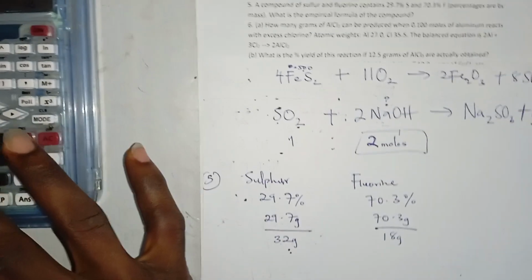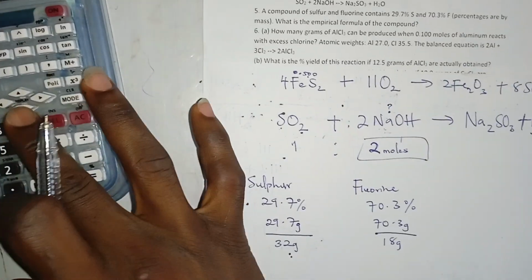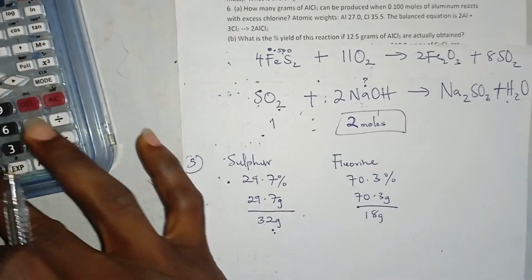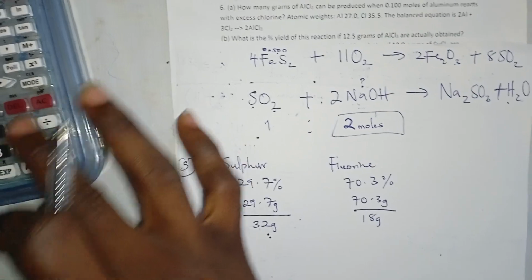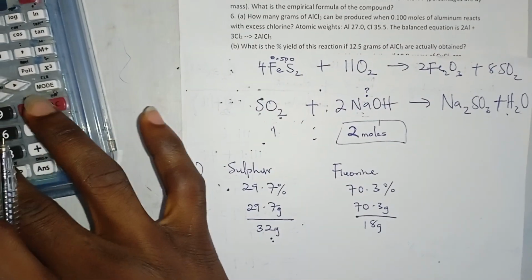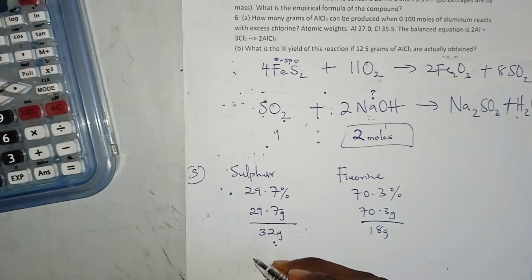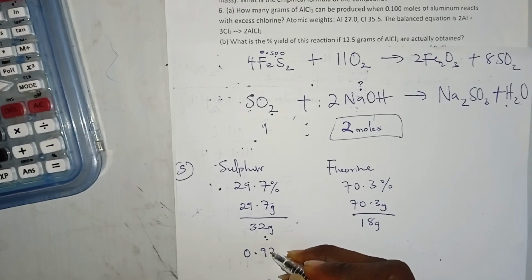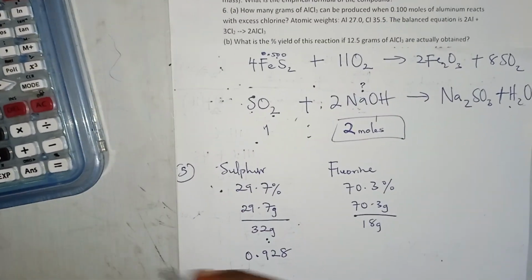So if I do 29.7 divided by 32, I get 0.928.